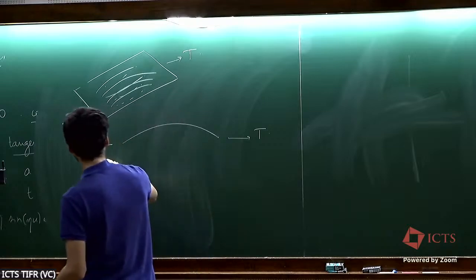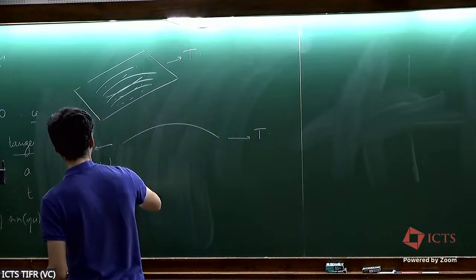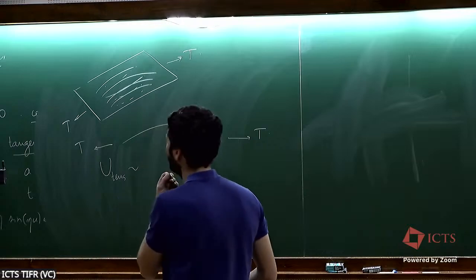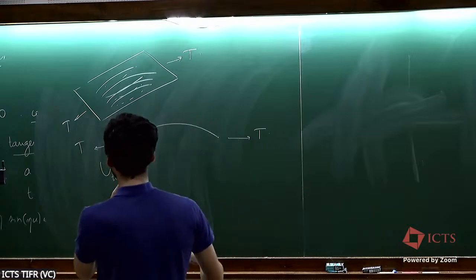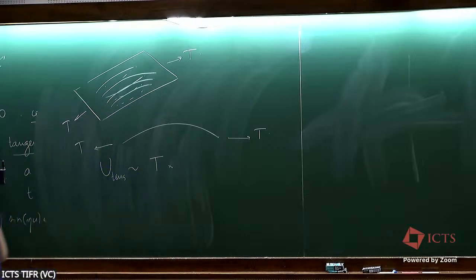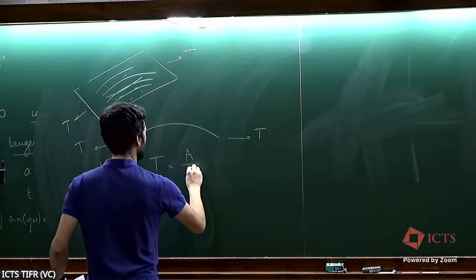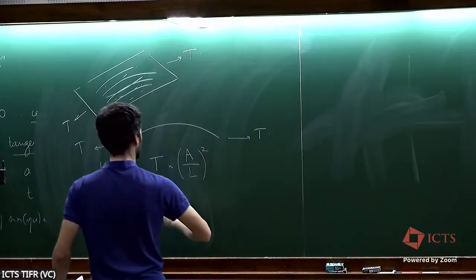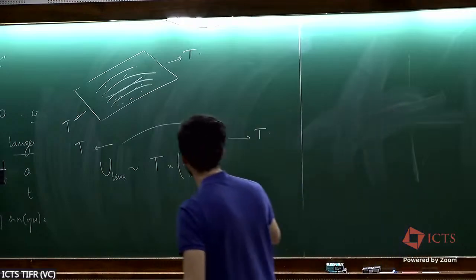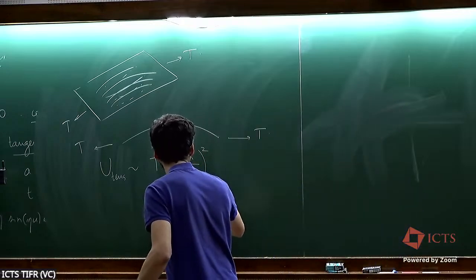Okay, so here U tension, due to the tension, will be the tension, so it will be T times the extension that you create, and the extension is A over L square. Okay, so this A over L square is epsilon.